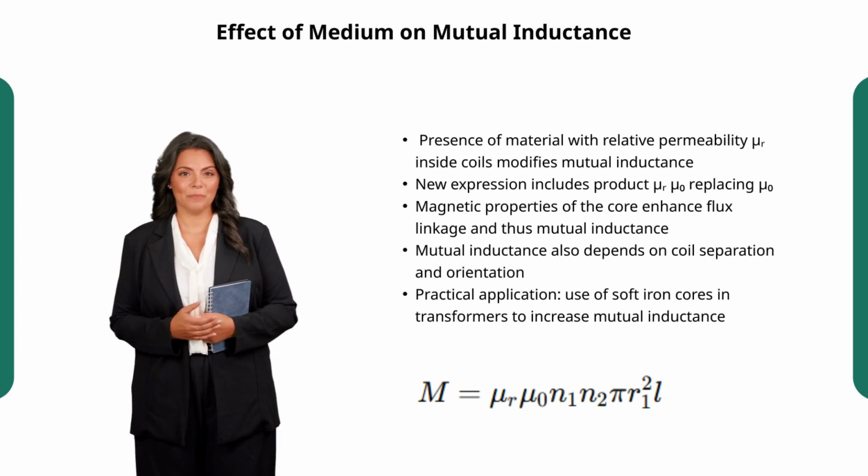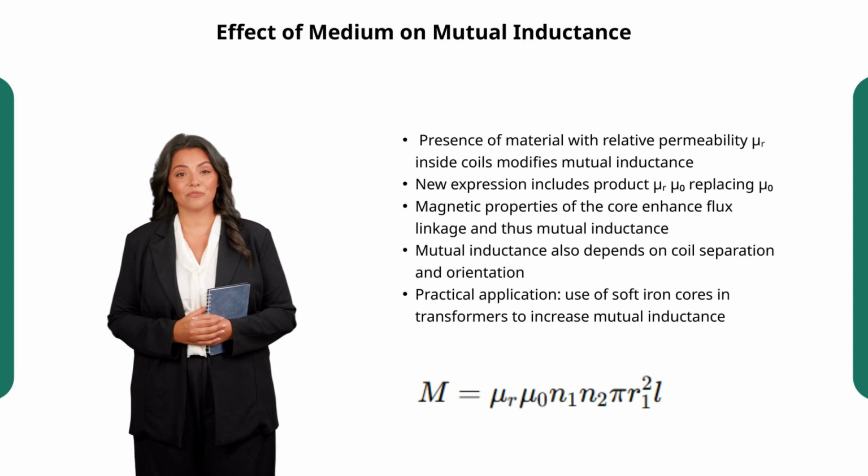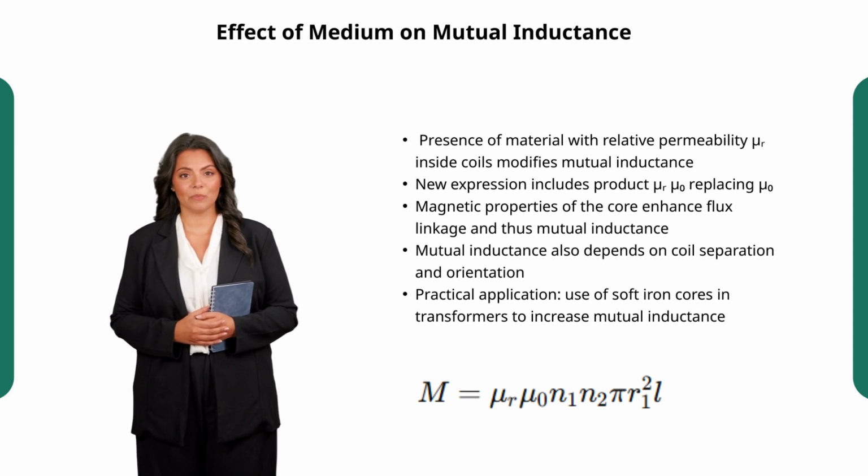This relative permeability μr multiplies the permeability of free space μ0, increasing the magnetic field and thus flux linkage. Replacing μ0 with μr μ0 in our mutual inductance formula reflects this change. M equals μr μ0 N1 N2 π r1 squared over L.